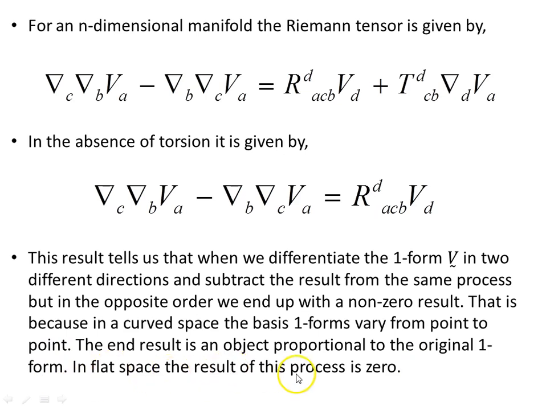In flat space, the result of this process is 0, because the basis 1 forms are constant from point to point, and so it all drops out to 0, but not in curved space. And there's a whole video on this channel deriving the Riemann tensor, except using vectors instead of 1 forms, and that shows the differentiation in 2 different directions gives you a non-zero result over here.